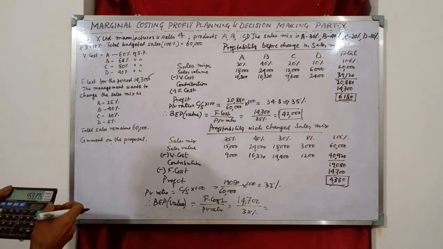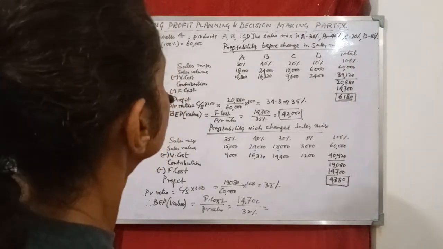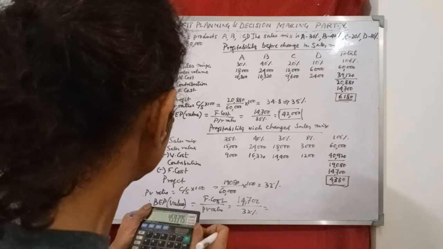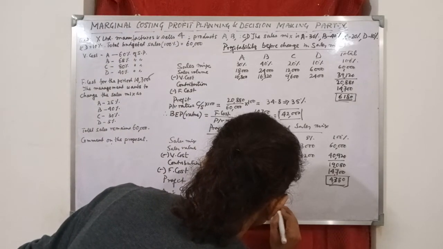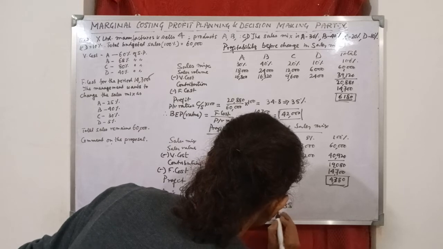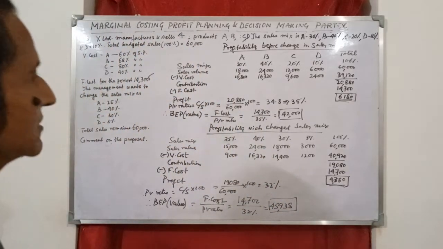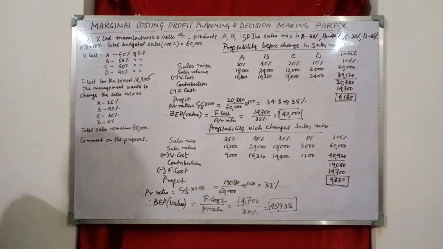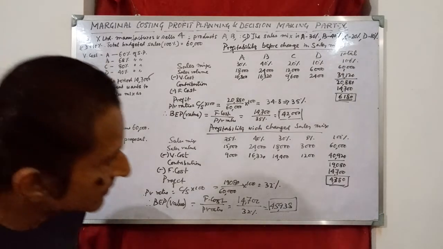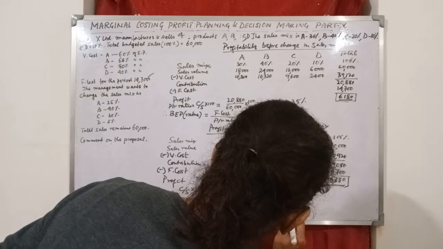That is 45,937.5, we take it as 45,938. So previously break-even sales was 42,000, and after the proposed changes that would become 45,938. That is, BEP is also increasing.